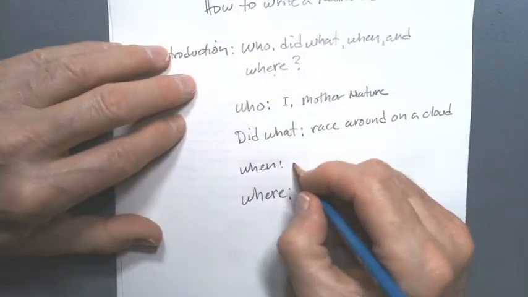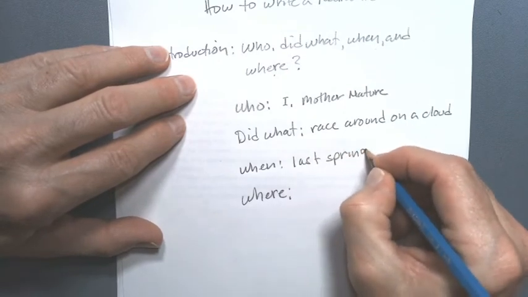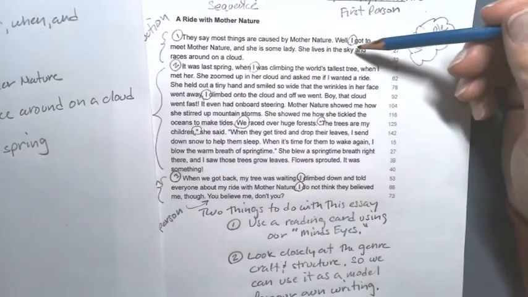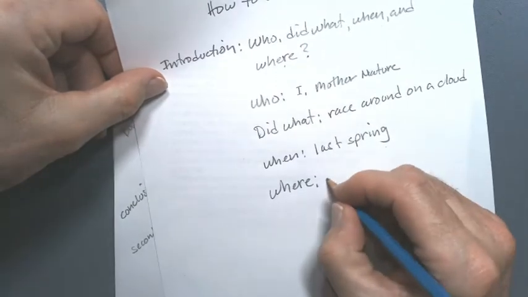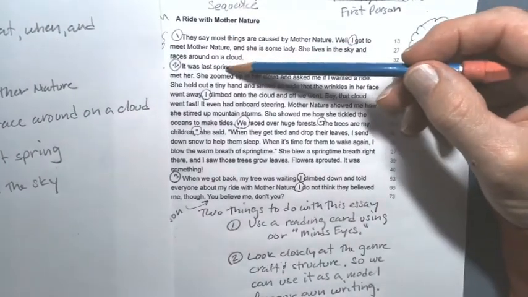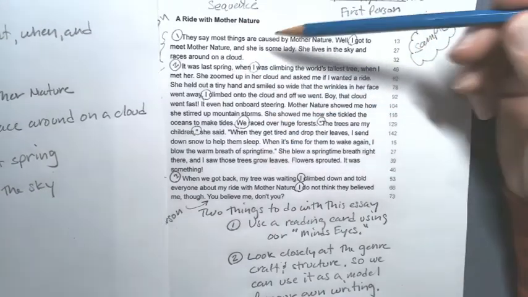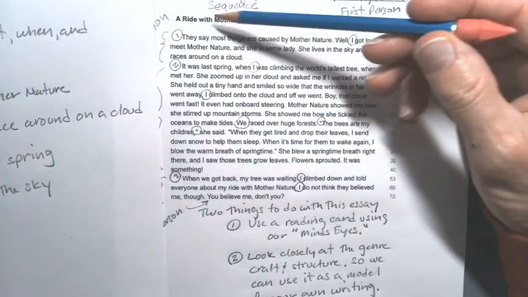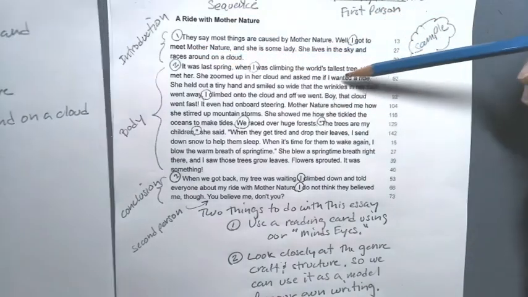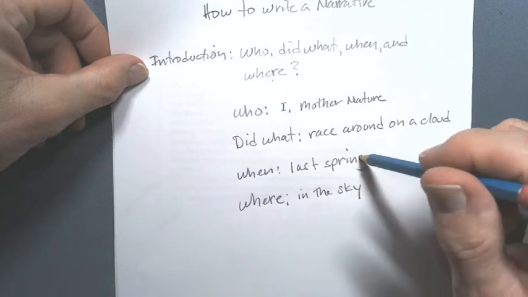So when was last spring? And where are they at? Lives in the sky. So other than the author putting last spring down here in the beginning of the body, the introduction here covers all of these things. Who did what, when, and where.